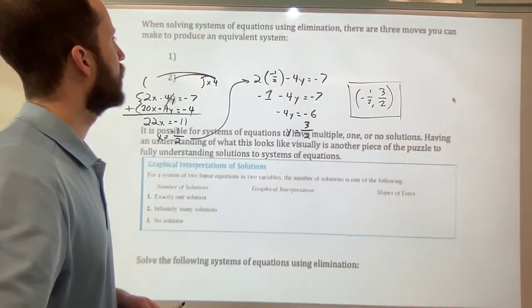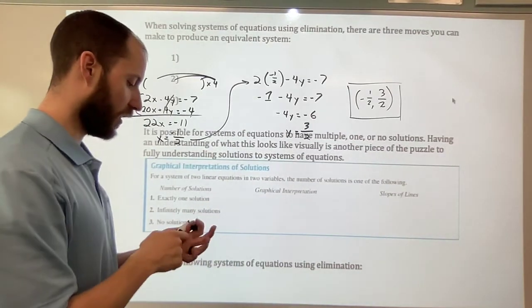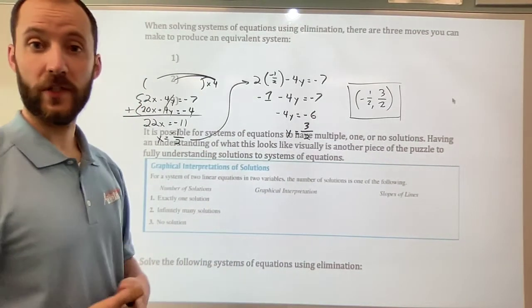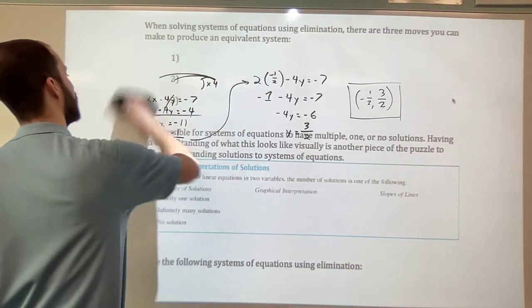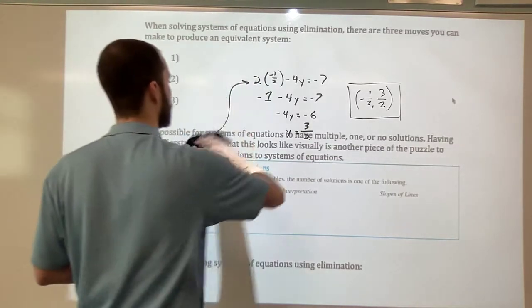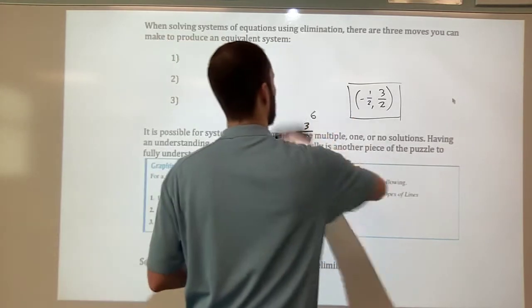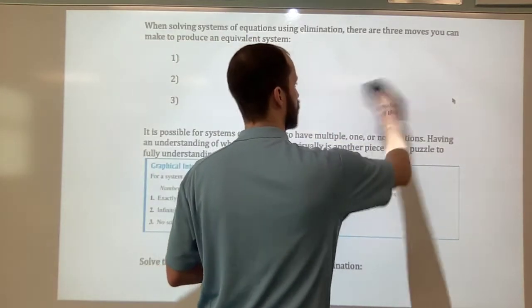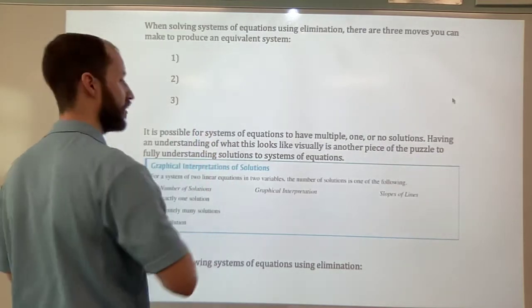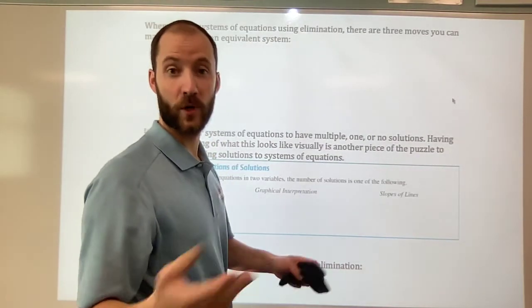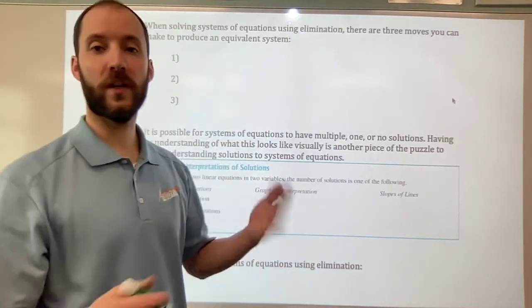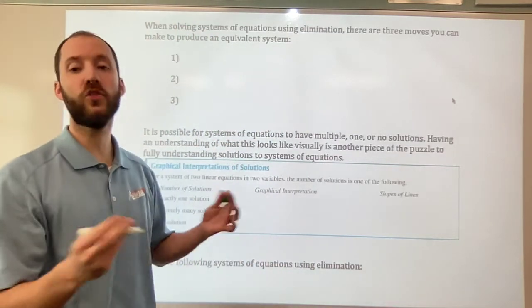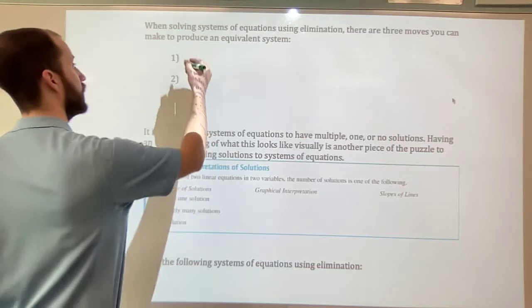So when you're solving by elimination, there are kind of 3 moves you can do. Kind of 3 things that you genuinely want to try. Remember, when you're starting a problem, you want to try something, see if it works. It can be one of these 3 things, usually one of these 3 things.